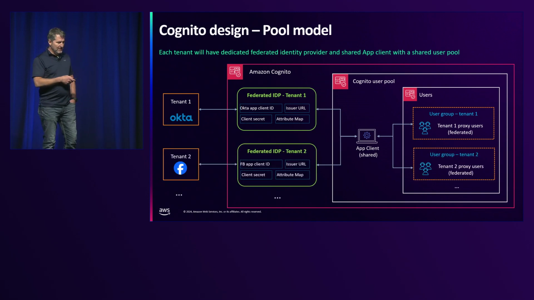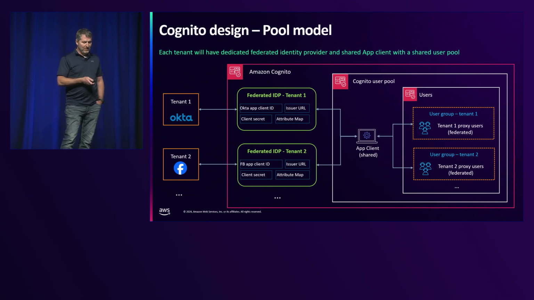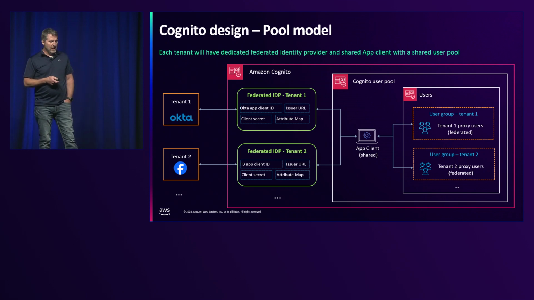Just like in the second case here, we've got tenant 2 that's using the social provider, Facebook, and they're coming through. Again, we've got Facebook-specific configuration that we've stored in that IDP, and it's coming through the same app client. Again, we've got another group that's storing those users.